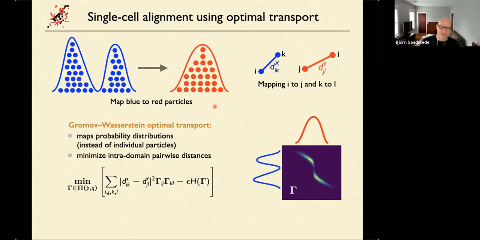Yeah, that's a good point. So in this example here, for instance, there are two choices that you have. At the same time, I could reflect the data points. If I say that half of the blue ones go to the left, and the other half of the blue points go to the right, I could switch this without changing this. And so this minimization scheme would not see that unless there's a significant difference between these two things.